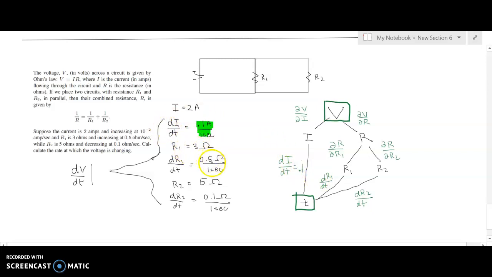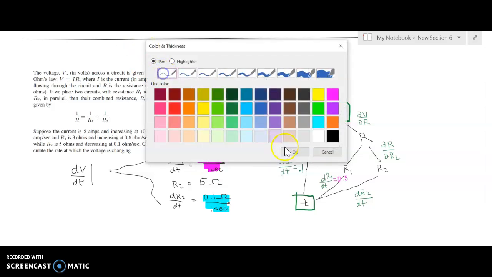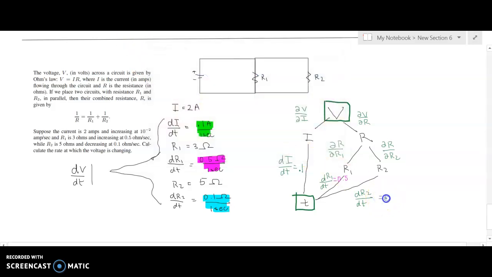We also know that dR1/dt is 0.5 ohms per second. dR2/dt is 0.1, so let's highlight that in blue. What we don't have values for are dR/dR1 and dR/dR2.